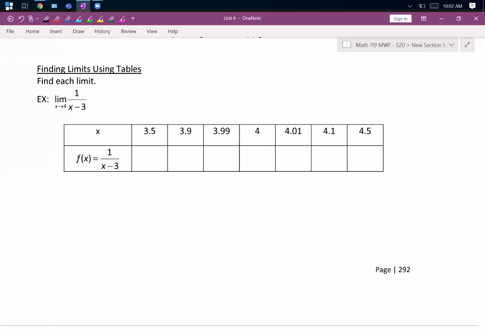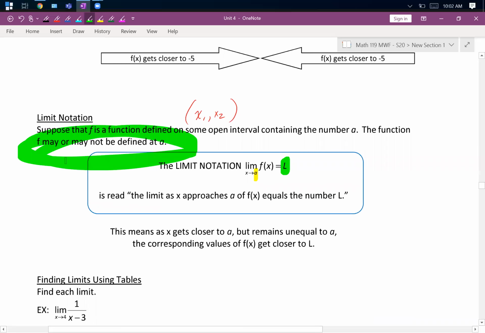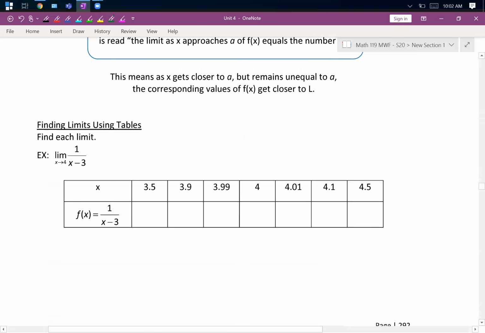We can find the limit even if a function is defined at a particular a value. Up here it says it may or may not be defined at a. So in this one, it just happens to be defined at a. All right, well, we just need to plug into our function each of these x values. So I'm just going to pause and give you guys a minute to fill in your table.